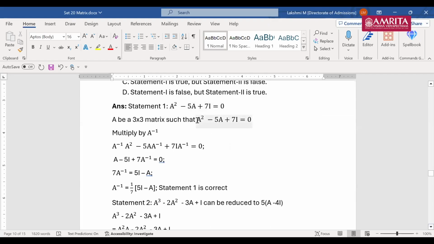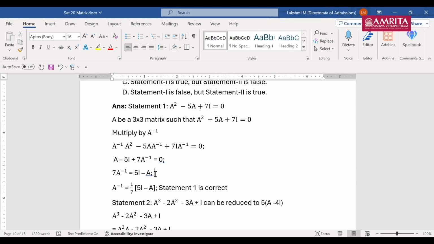What I'll do is multiply it with A inverse. So this is A inverse A square minus 5 into A inverse A plus 7I into A inverse equal to 0. Here A inverse A, it's gone. It is A only, minus 5 A inverse A, it's I, 5I, plus 7I into A inverse, it's 7 A inverse, which is equal to 0. So here I got 7 A inverse equal to 5I minus A. What is A inverse? 1 by 7 into 5I minus A.